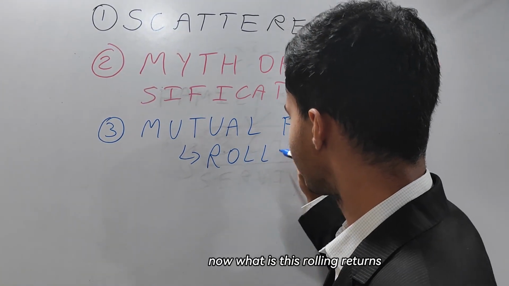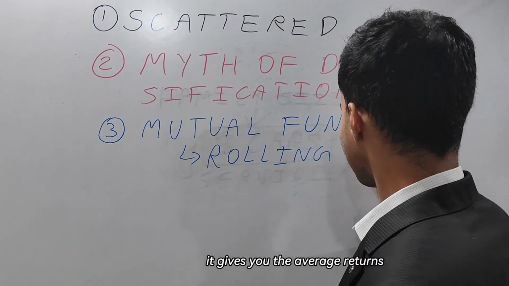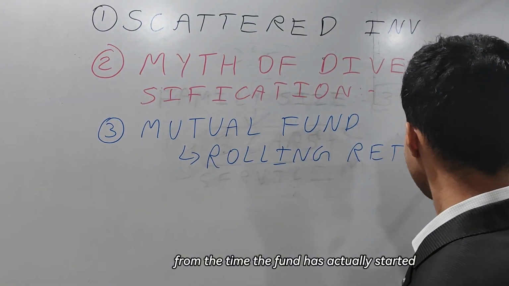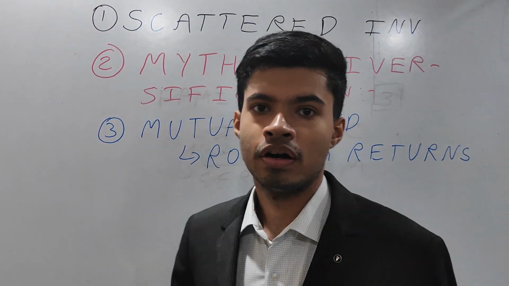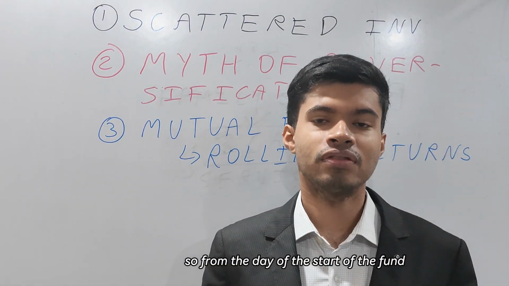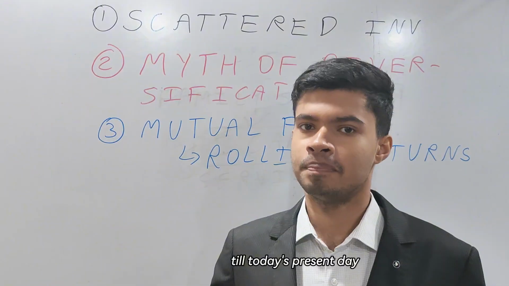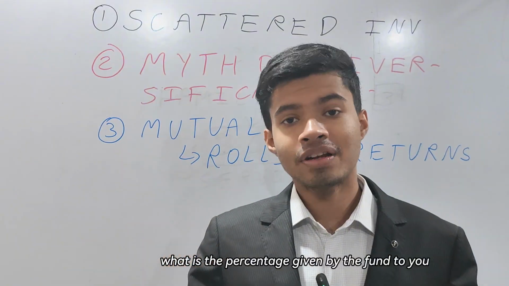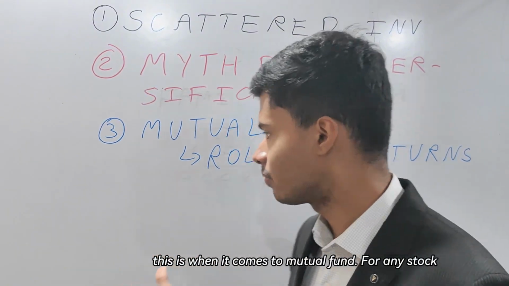Now what is this rolling returns? It gives you the average returns from the time the fund has actually started. So from the day of the start of the fund till today's present day, what is the percentage given by the fund to you. This is when it comes to mutual funds.